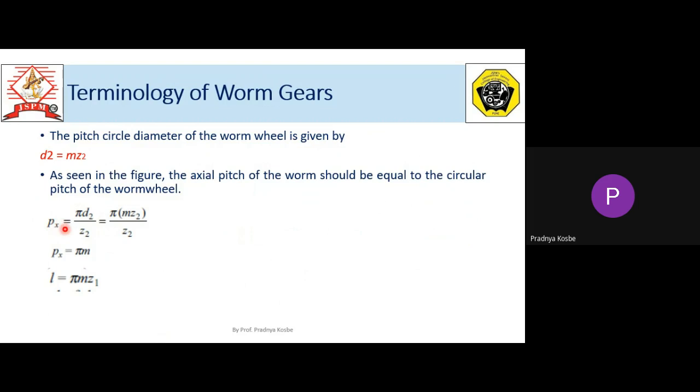So px is pi d2 by z2, and d2 is equal to m z2, so pi m z2 by z2. z2 will get cancelled, so px is equal to pi m, and lead is equal to pi m z1. So these are the formulas of axial pitch and lead of a worm in terms of module and number of starts.